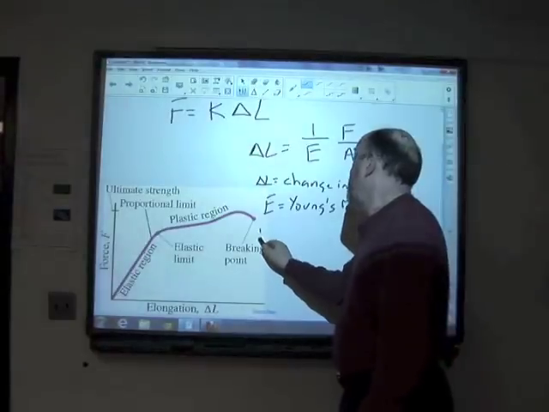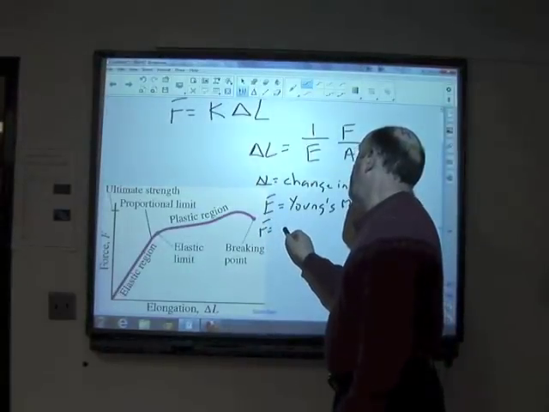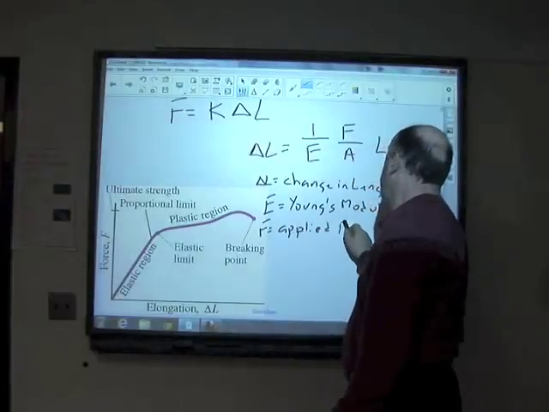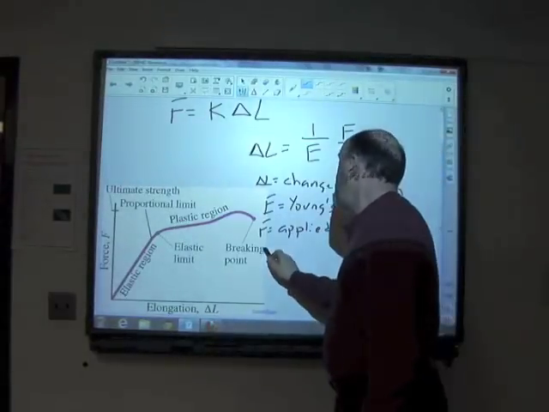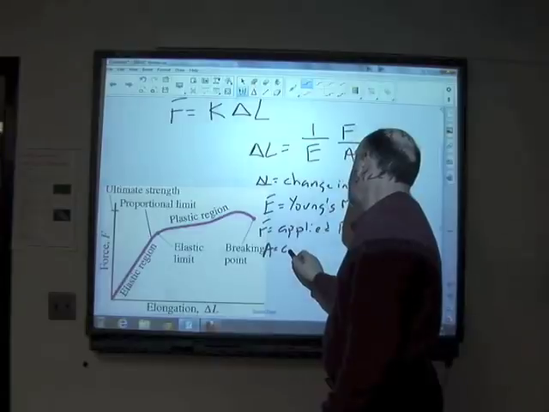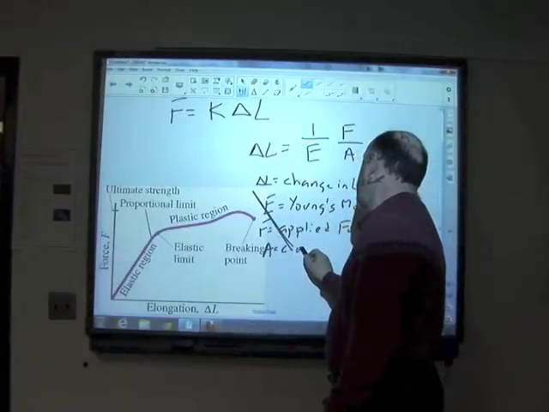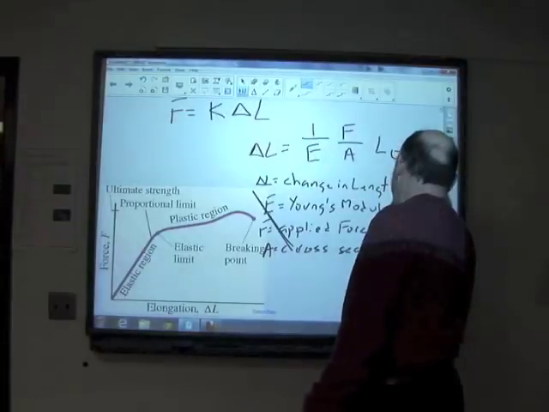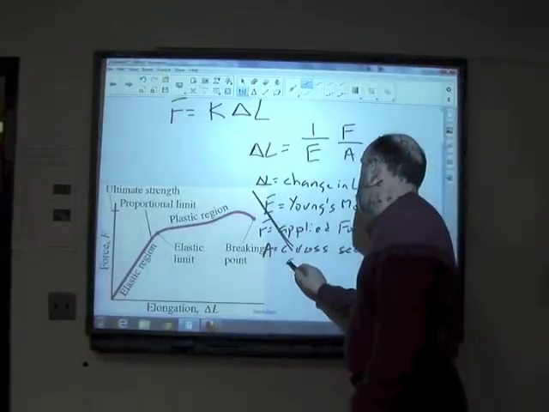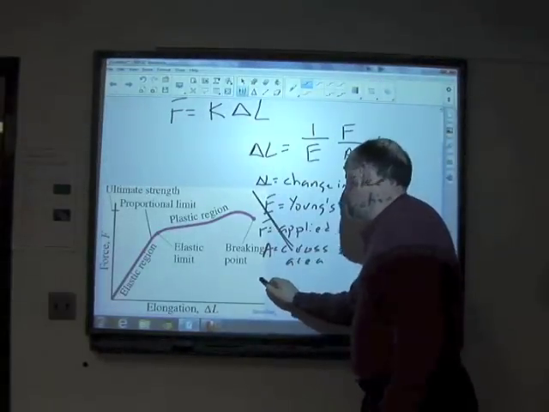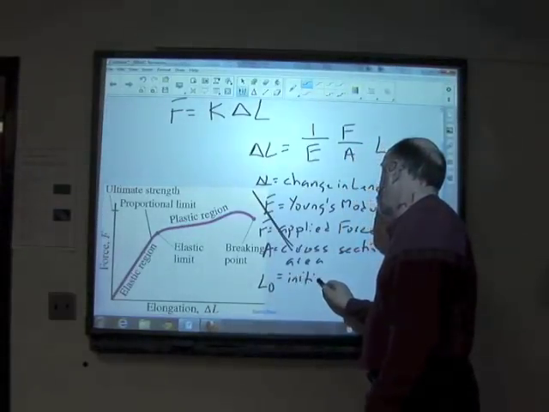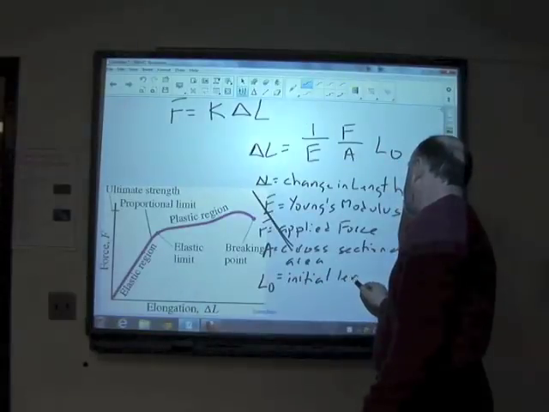F is the applied force. A is the cross-sectional area. And then L naught is the initial length.